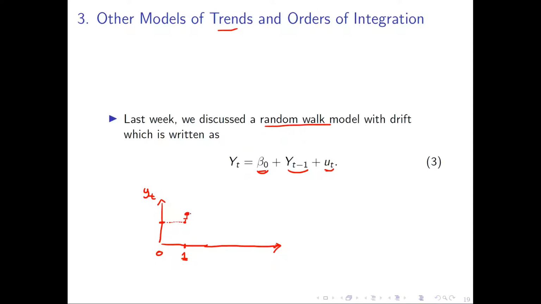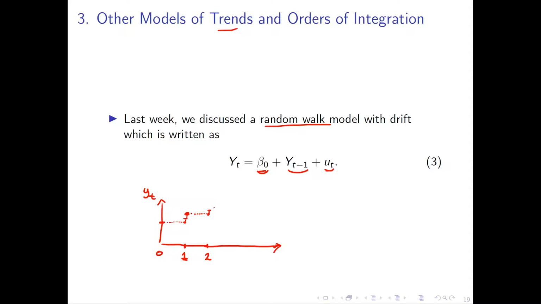And you would continue this and get the value of this process for the next time period. You just have the value of y at time 1, and you add the drift.